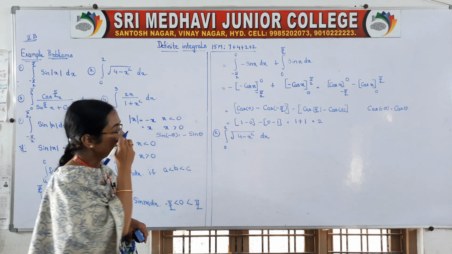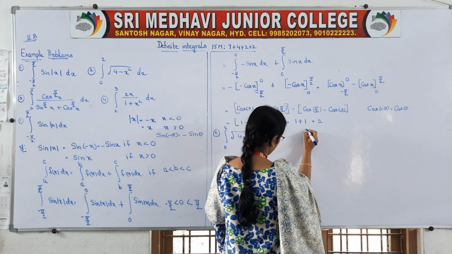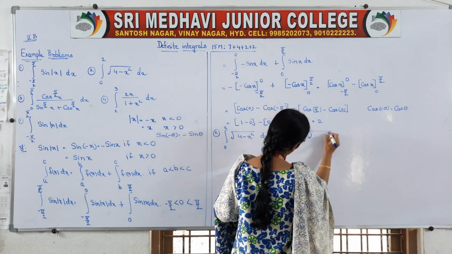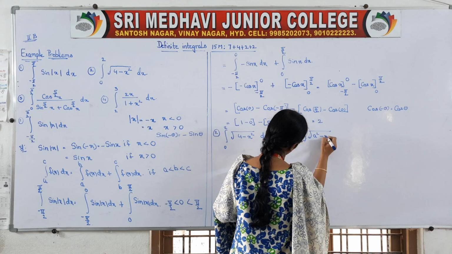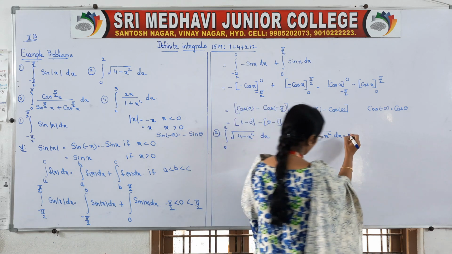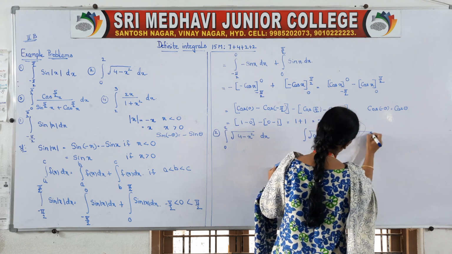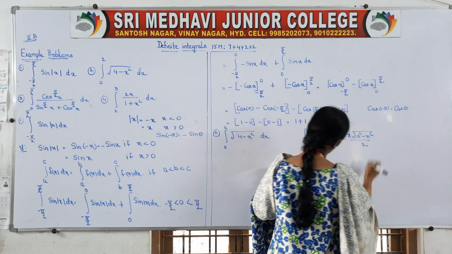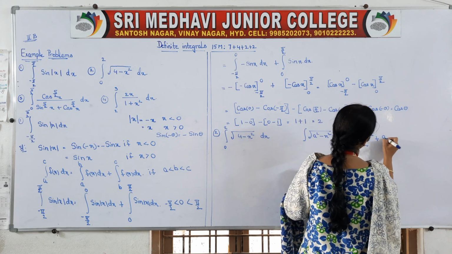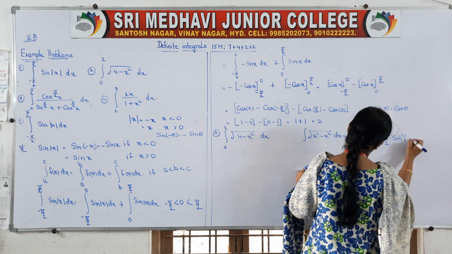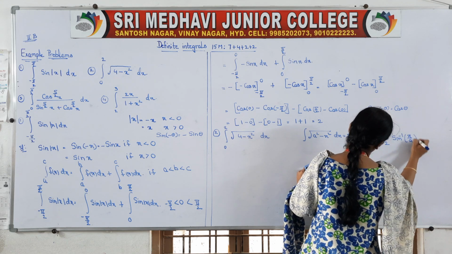There is one standard formula in integrals: the integral of root of a square minus x square dx is equal to x into root of a square minus x square by 2, plus a square by 2 into sine inverse of x by a.